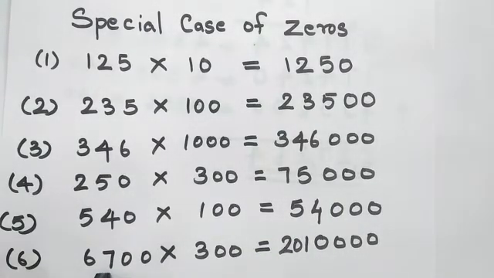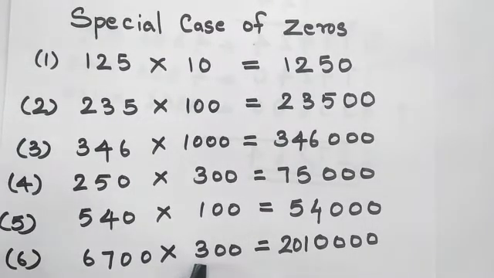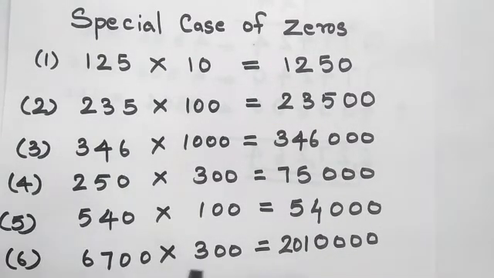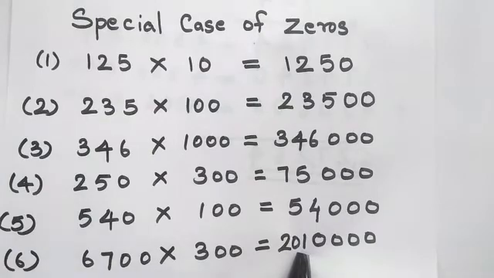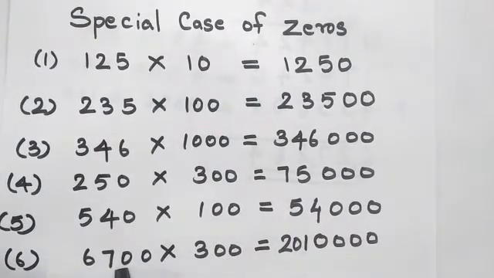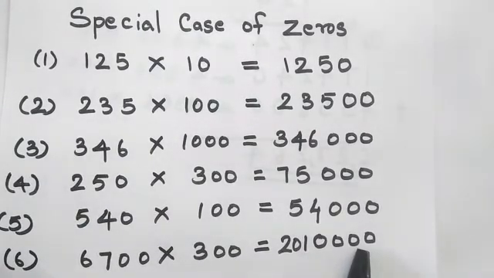Next, 6,700 into 300. 67 into 3 we calculate first. 7 into 3, 21, 2 balance. 6 into 3, 18 plus 2, 20. So 67 into 3, 201. Then how many zeros are there? Here 1, 2. Here 1, 2. Total 4 zeros. Then after 201 we put 4 zeros.